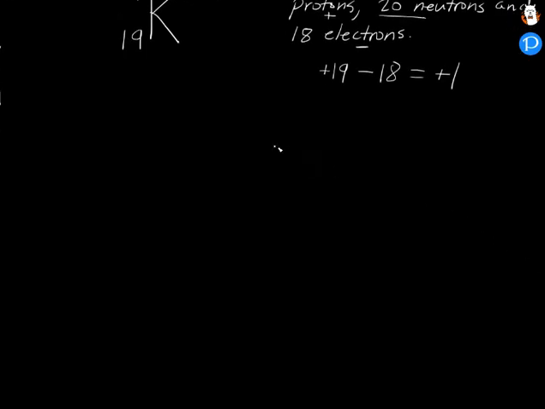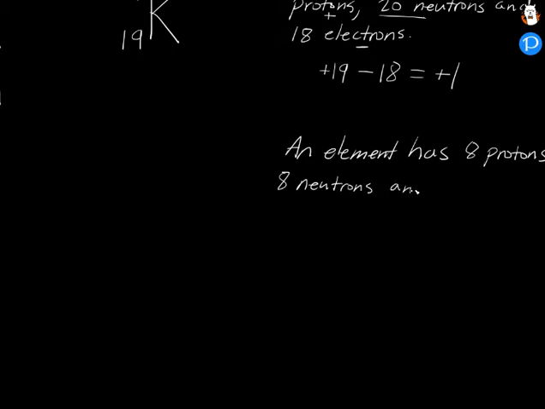So let's say the question says an element has, let me think, how about 8 protons, 8 neutrons, and 10 electrons, and figure out what isotope or ion that is, and then write out what the symbol would be for it.